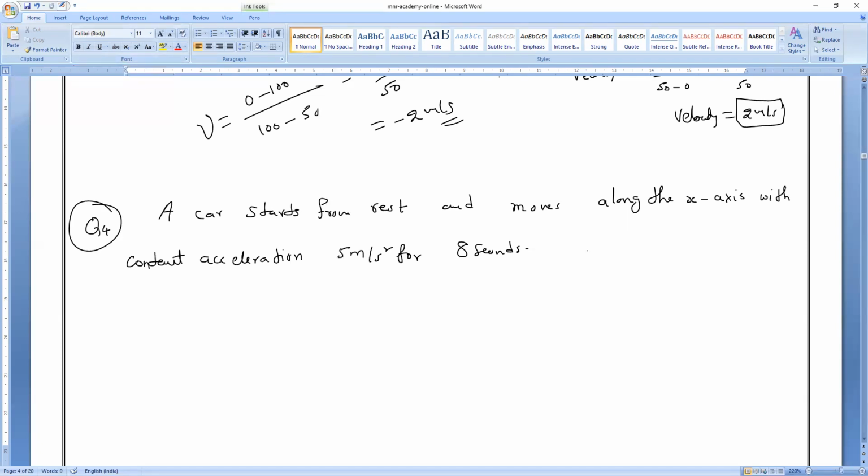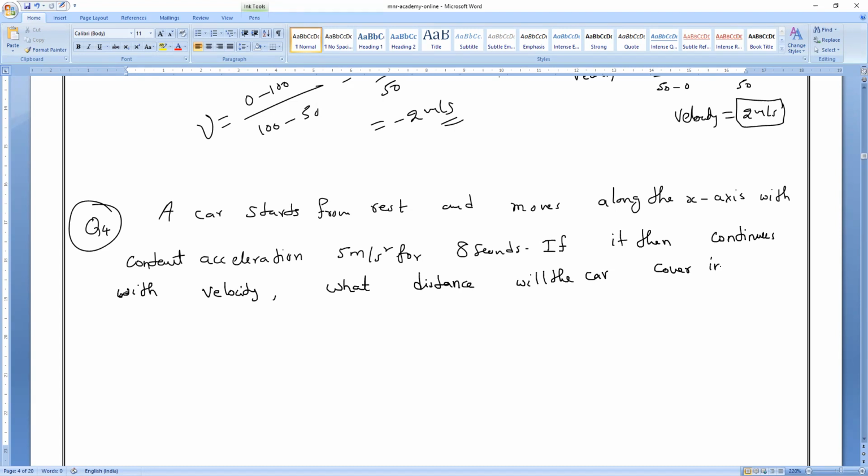No other thing. If it then continues with the constant velocity, what distance will the car cover in 12 seconds since it started from the rest?